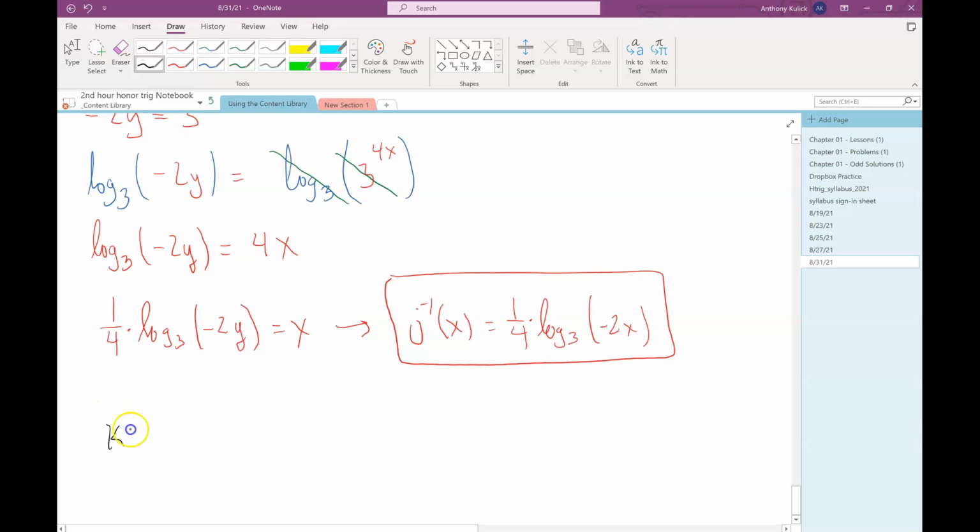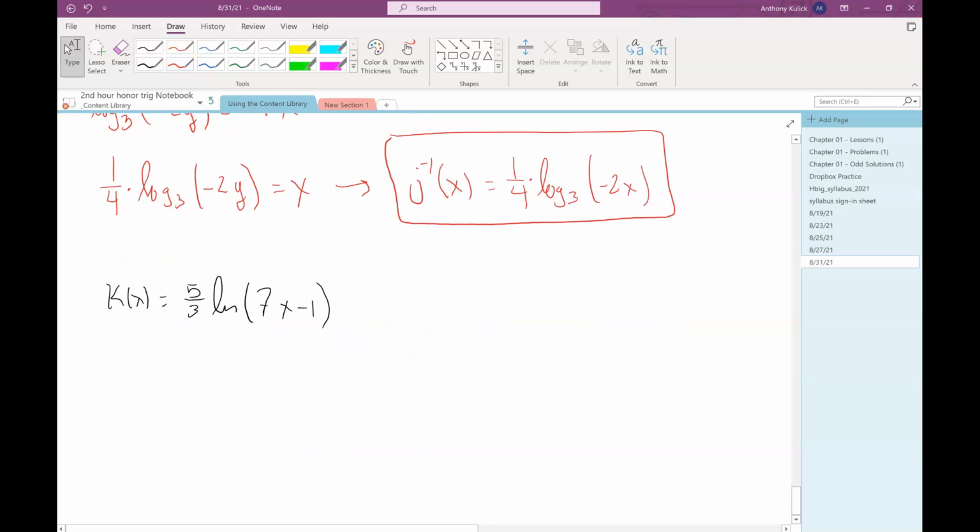What are we at? K, right? So let's say we have k of x equals 5/3 the natural log of 7x minus 1. Remember, ln is the abbreviation for the natural log. Well, we'll replace the function notation with a y.